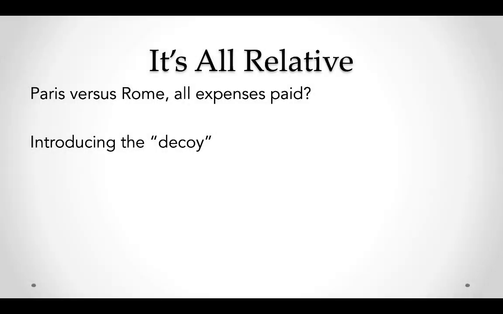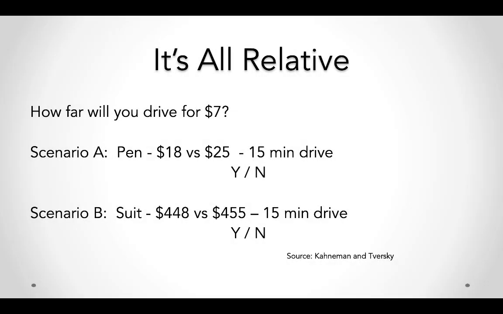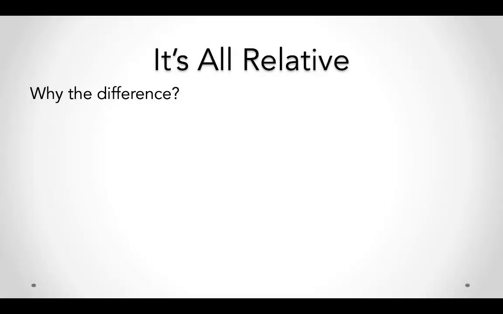Most people in scenario A did drive to get the cheaper pen, and in scenario B, they didn't. The question was the same: will you drive 15 minutes to save $7? But for some reason, the preferences were reversed when we moved from scenario A to scenario B. Why?